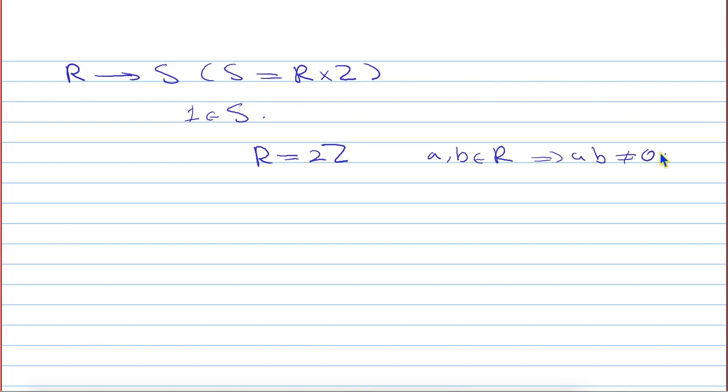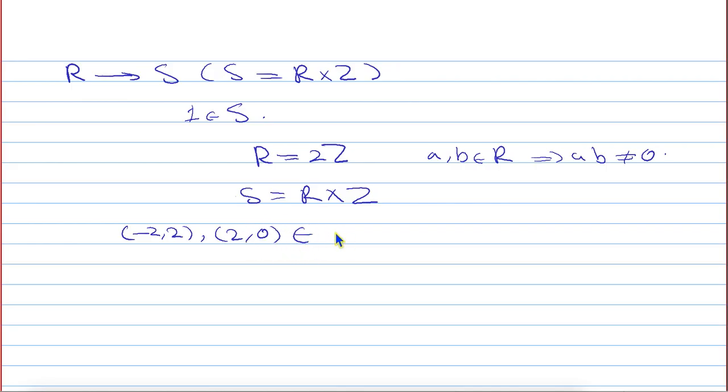Now we can show that the ring S, where S is of course R cross Z, can have zero divisors. So let's take two elements, (-2, 2) and (2, 0).